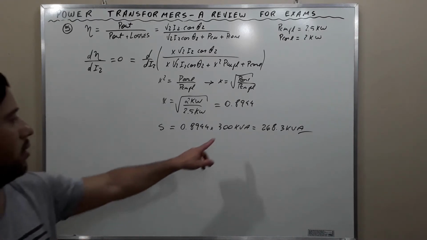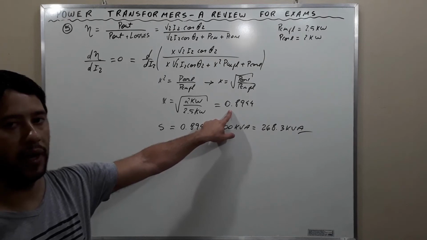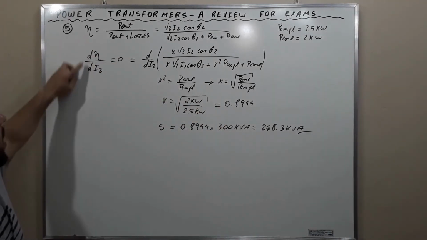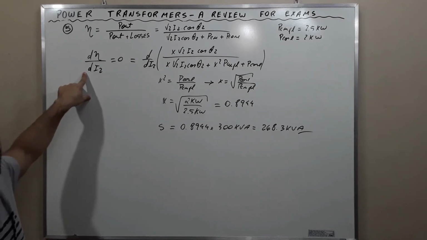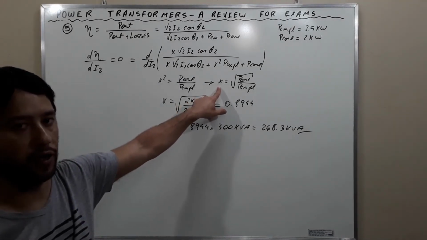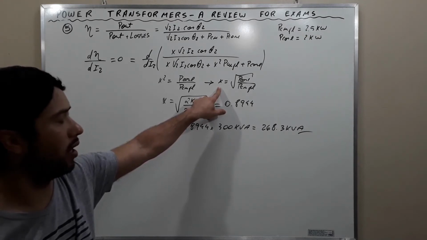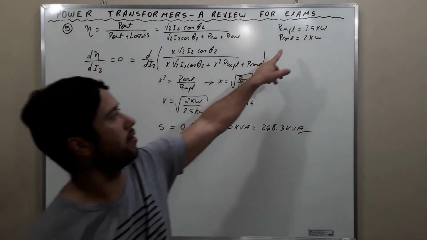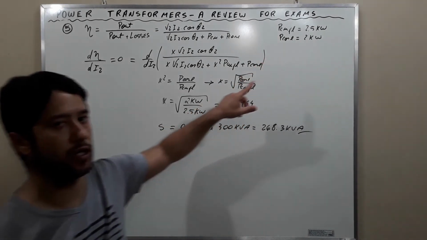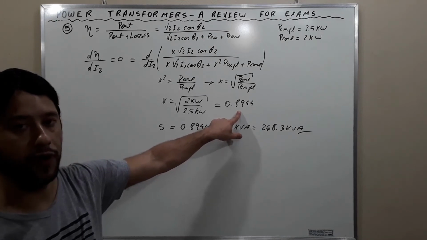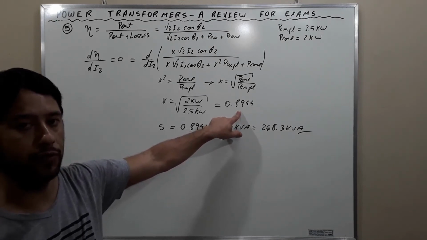Okay, and we simply multiplied the load factor. We maximized the efficiency and we discovered that the load level x that represents the load level for maximum efficiency, we simply used the values that the exercise provided, and we discovered that this is the load factor that enables maximum efficiency.